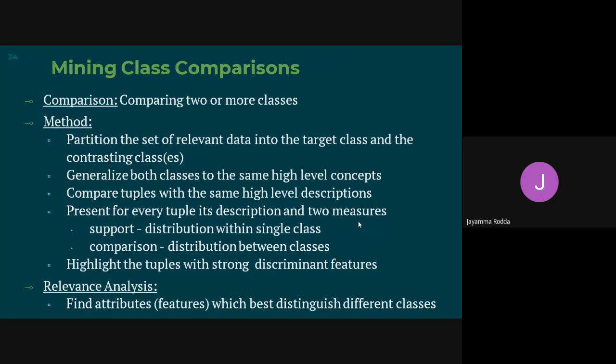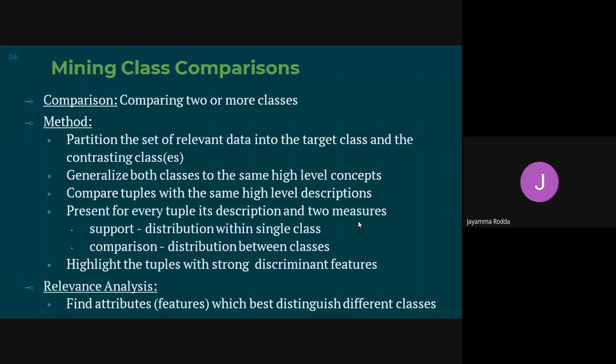So if you are selecting the target class and the contrasting class, both classes should have the same signature, we can say. They should have similar dimensions, a similar number of attributes and a similar type of attributes.